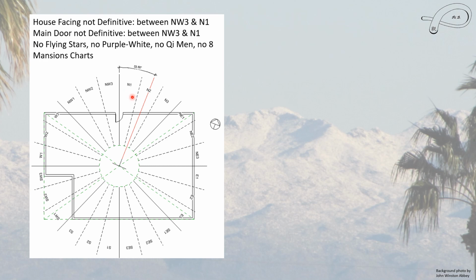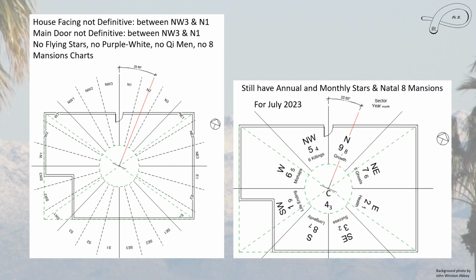So you do not have a definitive facing direction. Your door is centered right there, so you do not have a definitive door sector or subsector. So you don't have a flying star chart, you don't have a purple white chart or a Chi-Man chart or a house 8 mansions. But you still have this.